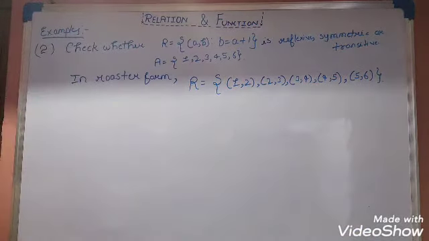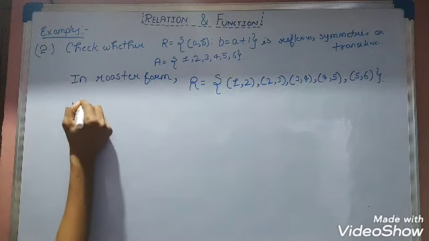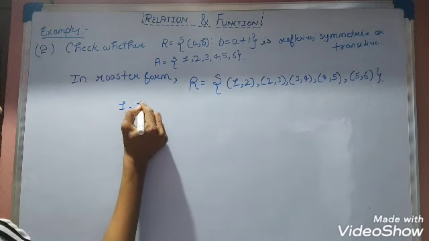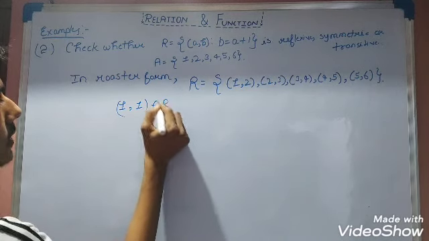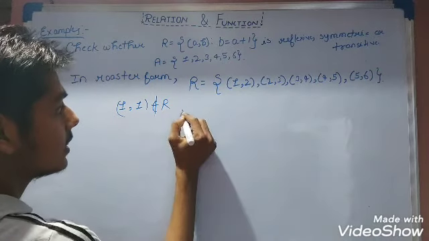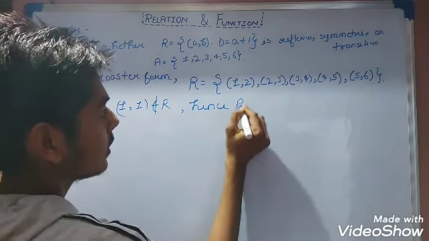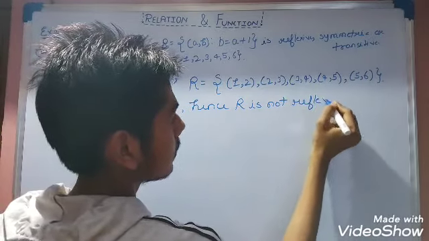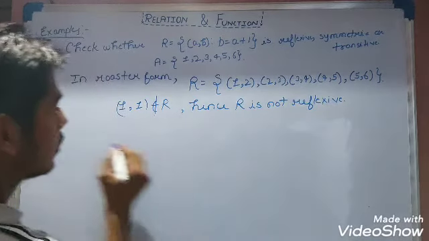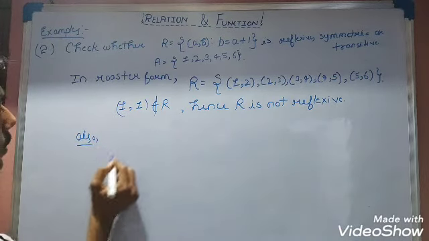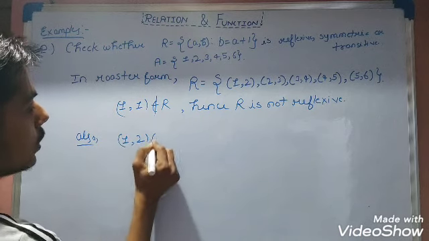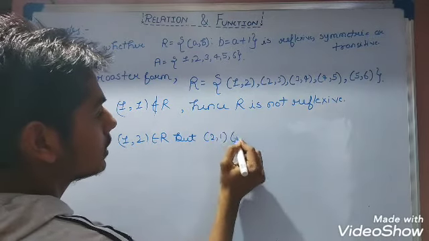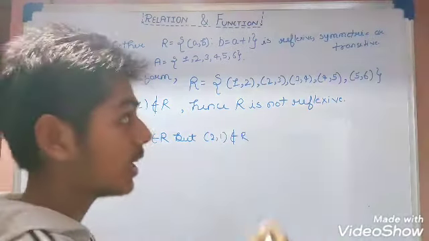Now we observe that (1, 1) does not belong to relation R, hence R is not reflexive. Also (1, 2) belongs to R, but (2, 1) does not belong to R, as we can see.